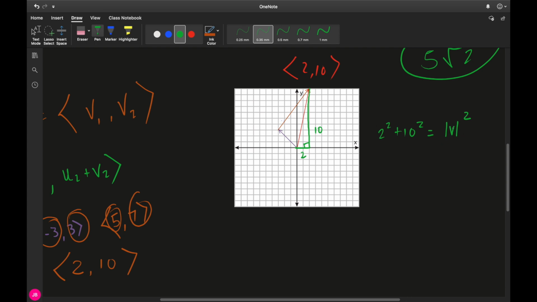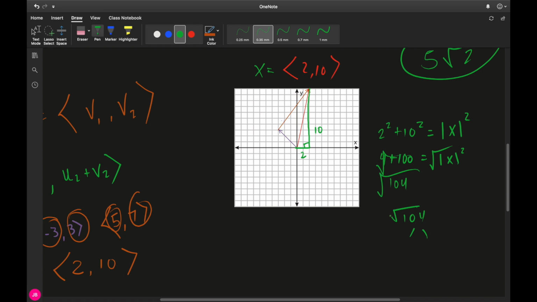I don't know if we should use v because we already have a v, so let's call this vector x. So we're going to find the magnitude of vector x squared. Now, this is 4 plus 100 is equal to the magnitude of vector x squared. This is 104, and then we can take the square root of both sides to get the square root of 104. Now, the square root of 104 can actually be simplified.